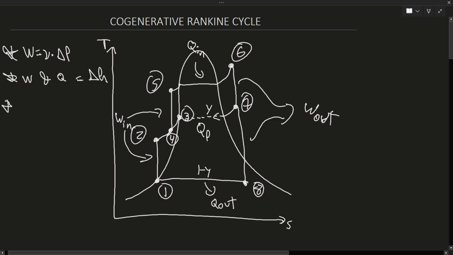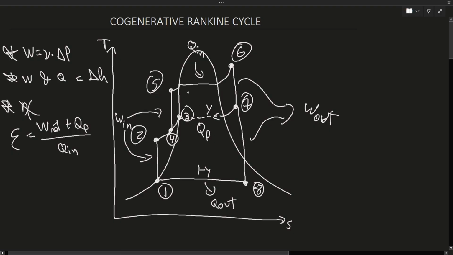Lastly, you have to know that for these types of Rankine cycles, you don't use the thermal efficiency. You use something else called, I think, the utilization factor. It equals W net plus Q process divided by Q in. Just one little extra step, and that's it. Super easy.